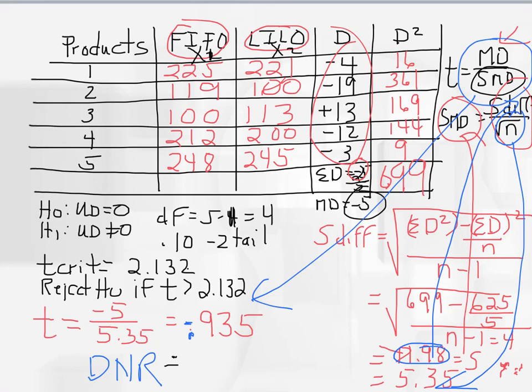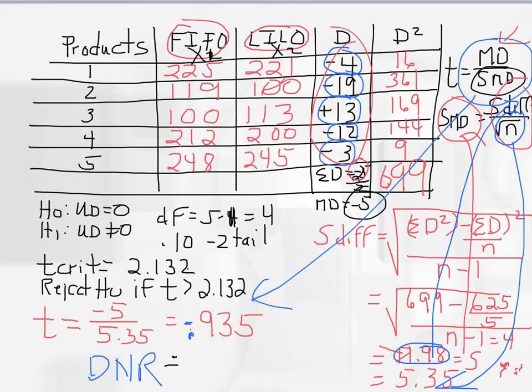and we did not. So to summarize then, we have two methods of accounting that we're using on 5 products. Each product resulted in a different cost. It was lower for product 1, lower for product 2, higher for product 3, lower for product 4, lower for product 5.